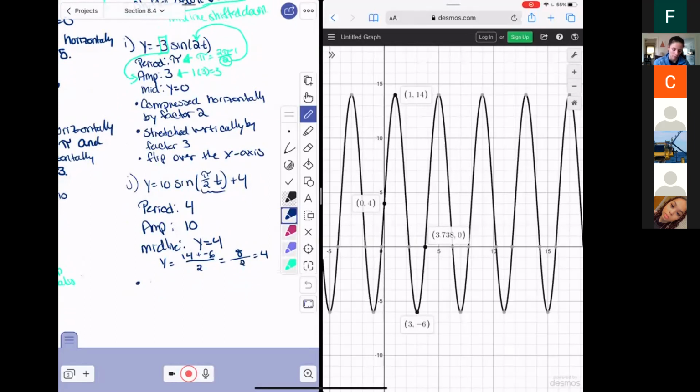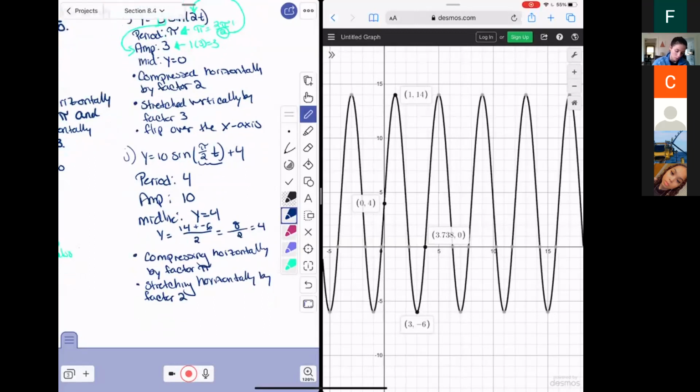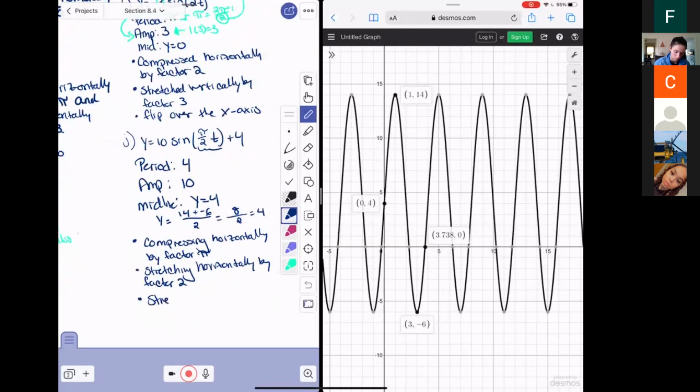So we are compressing horizontally by a factor of pi, and we are stretching horizontally by a factor of 2, and then we are stretching vertically by a factor of 10 and shifting up 4 units.